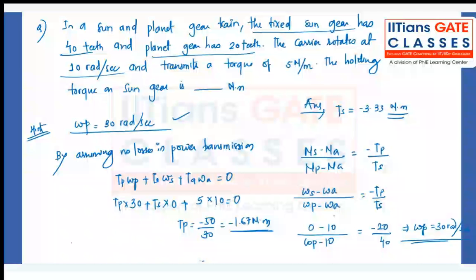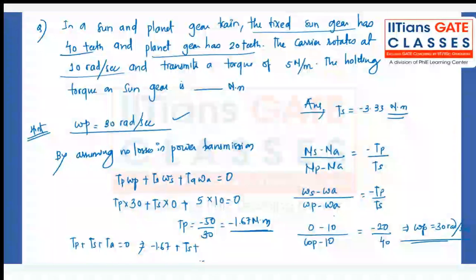One more formula you should know is total torque is 0: Tp plus Ts plus Ta equal to 0. In this particular case we are assuming the sun is fixed, so omega is 0, and hence we are not able to calculate Ts from the power equation; this term overall was gone.